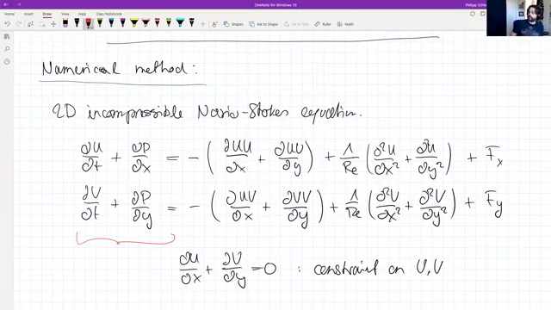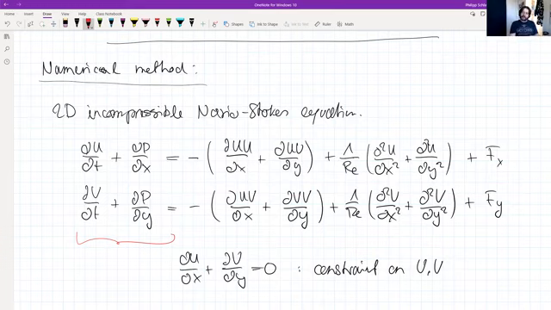We only have the continuity equation that we can, in some sense, abuse to calculate the pressure, because the continuity equation is a constraint on u and v that can be imposed onto u and v via a specific choice of the pressure. So therefore, we consider the pressure and the time derivative in some sense coupled, in a sense that we need to adjust the pressure in such a way that together with the time derivative, we make sure that the divergence is fulfilled at all times.